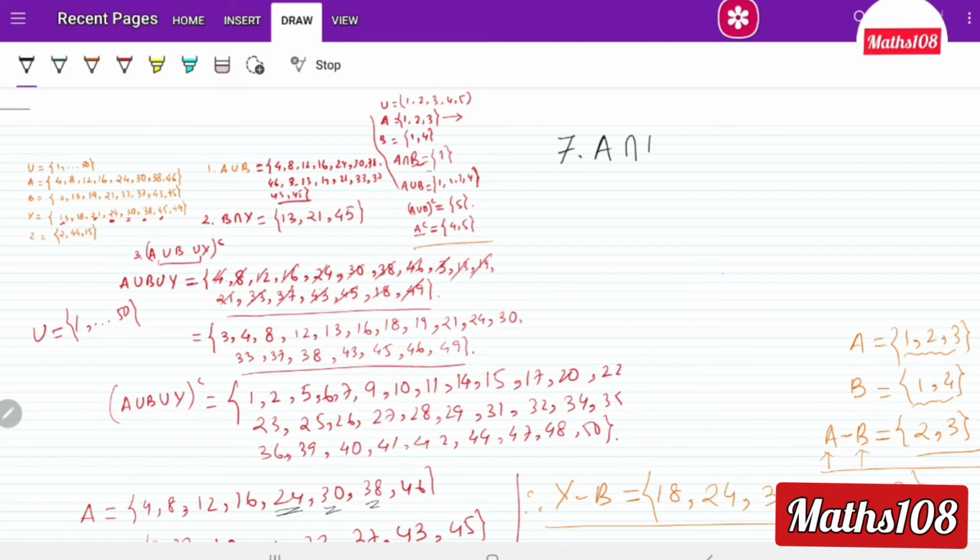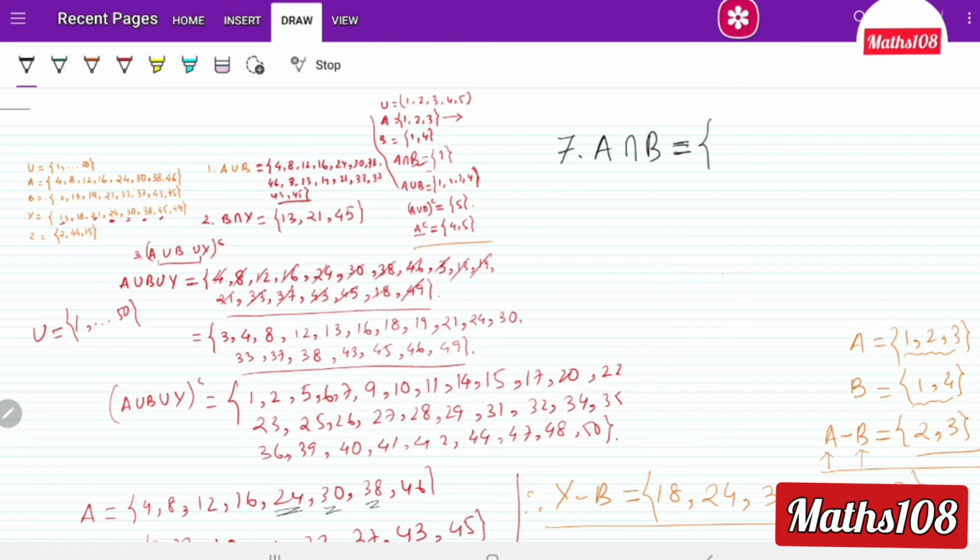A intersection B. Let's check is there any common element in both. There is 4, there is not 4 in B, there is no 8 in B, not 12, not 16, not 24, not 30, not 38, not 46.